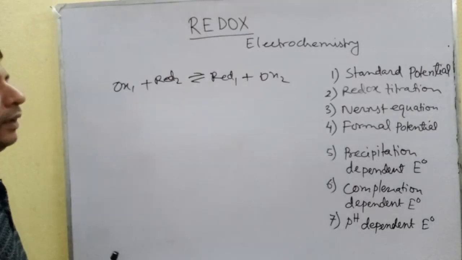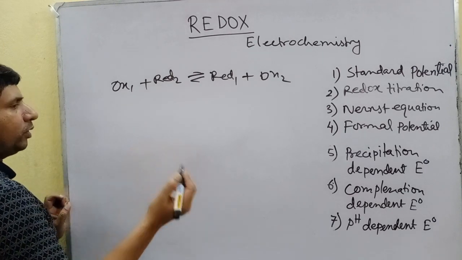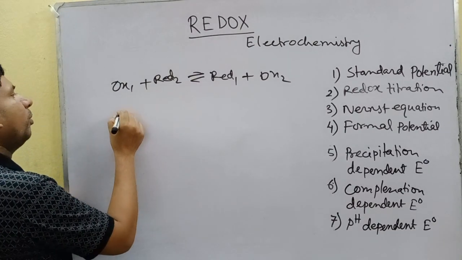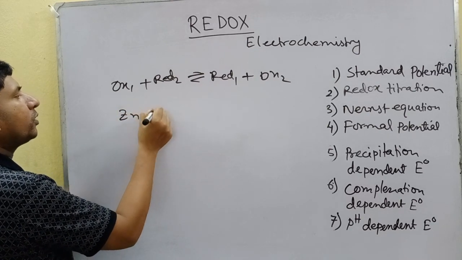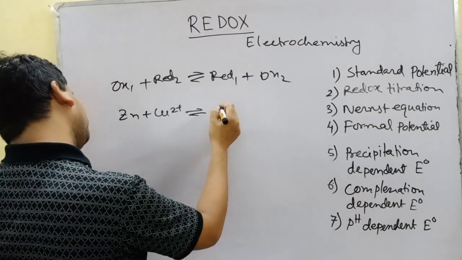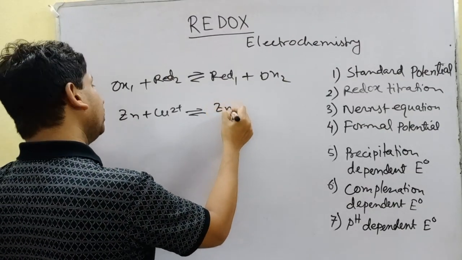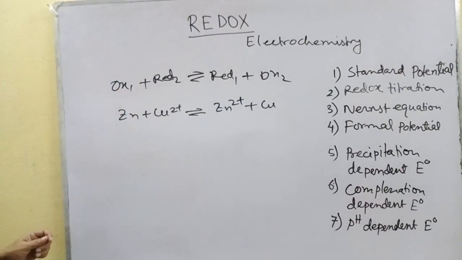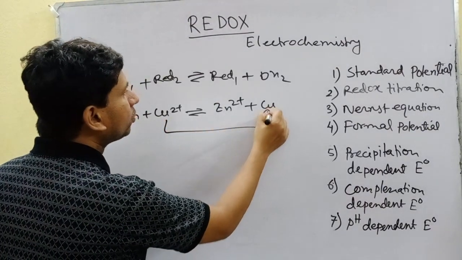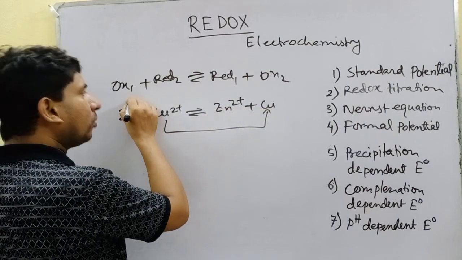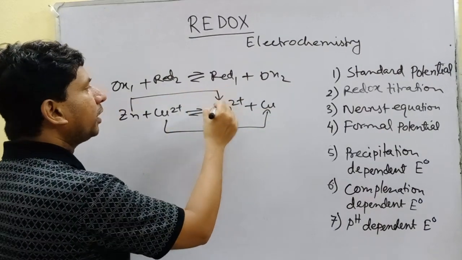If we see a real example, Zn plus Cu2+ gives Zn2+ plus Cu. Copper 2+ is reduced to copper, and zinc is oxidized to zinc 2+.